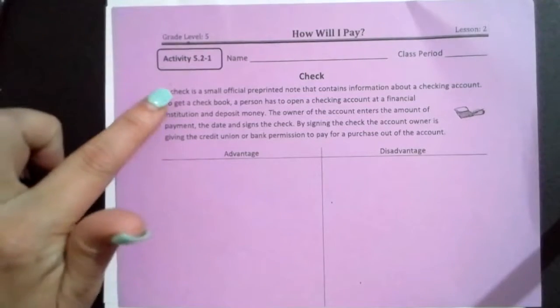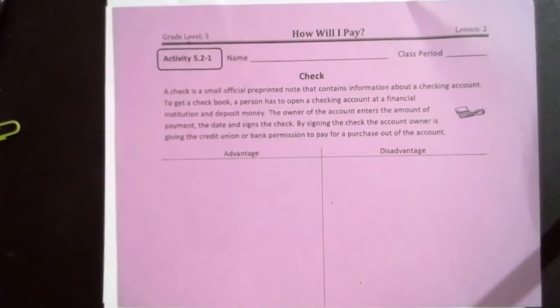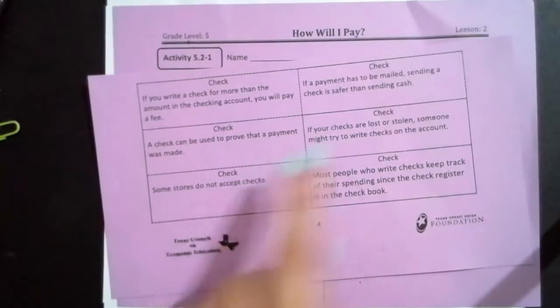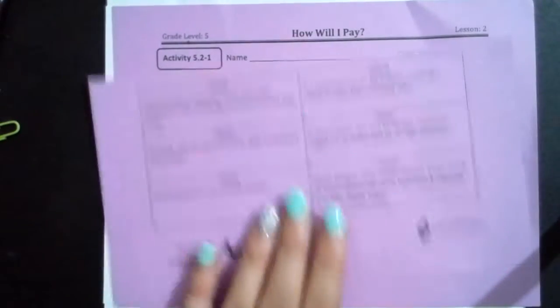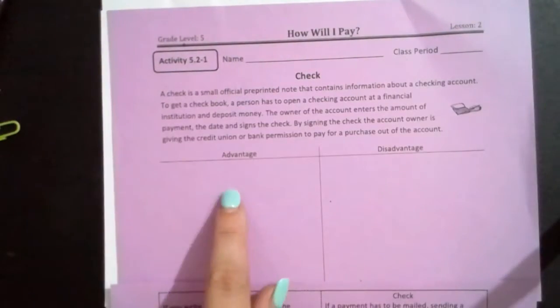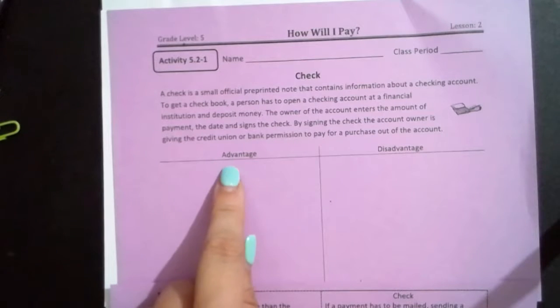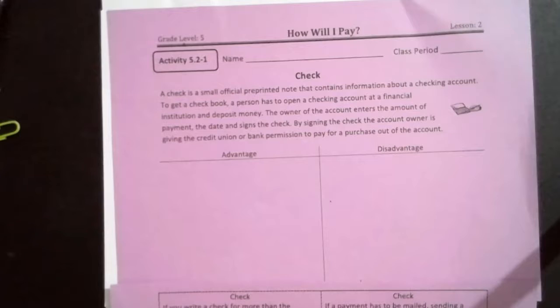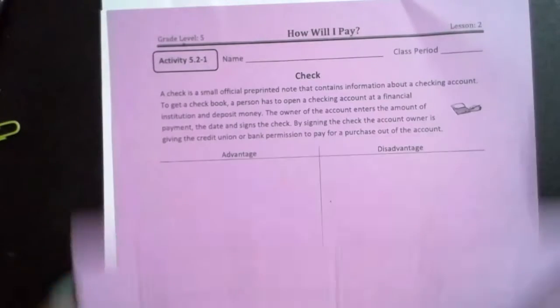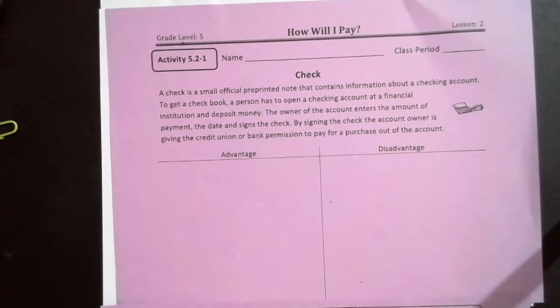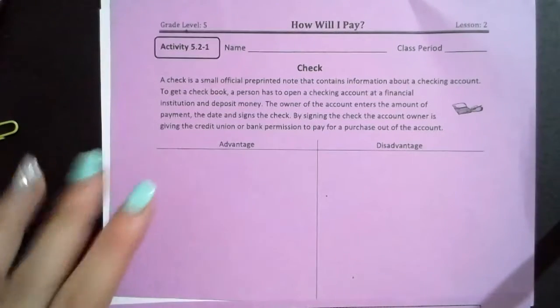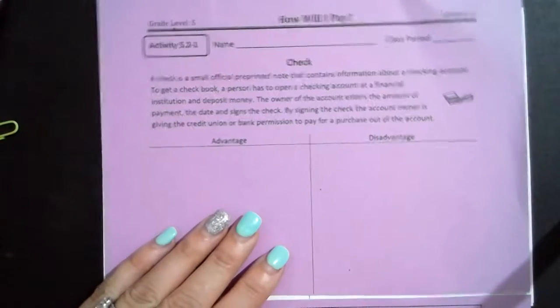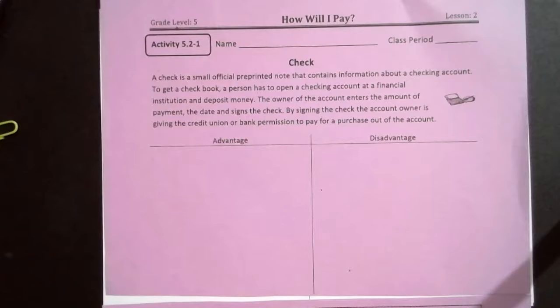You're going to read this, then read these. You're going to cut these out separately, read them, and then put them under advantage or disadvantage. So is writing a check an advantage or disadvantage, based on what you read on these little squares? You're going to pause the video, and then you're going to do that.